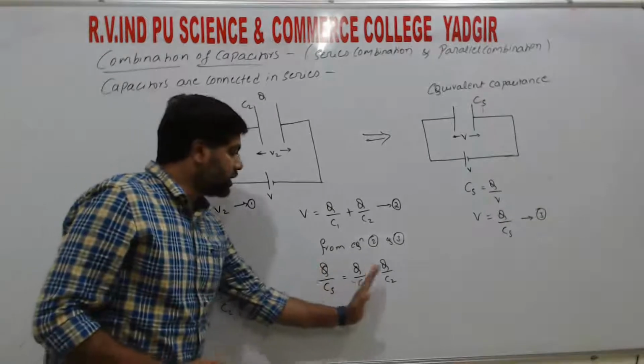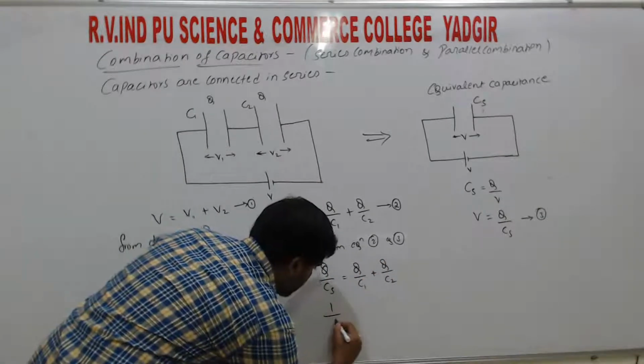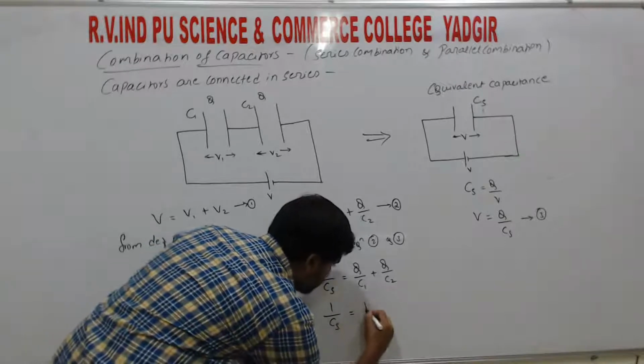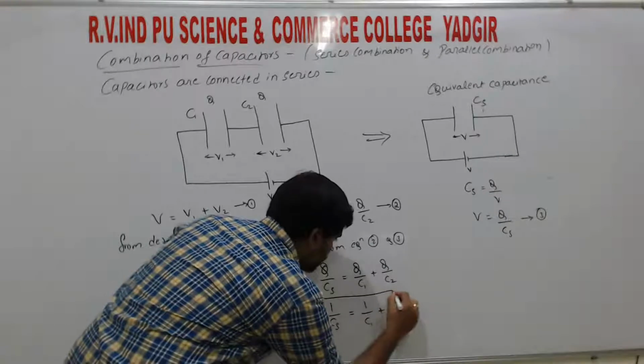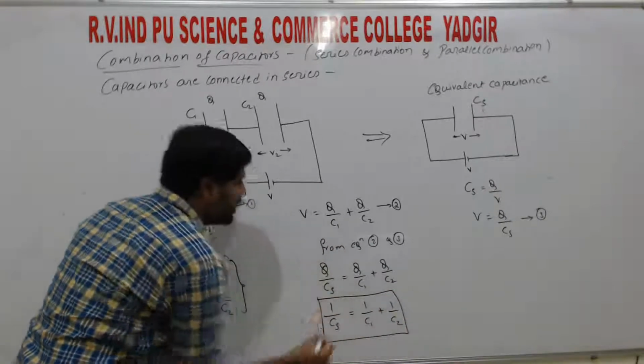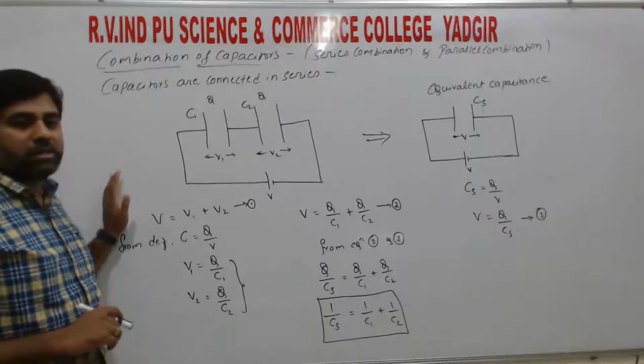In LHS and RHS we have the common term Q, so we can cancel it. So 1 by Cs is equal to 1 by C1 plus 1 by C2. This gives the final expression for capacitances connected in series.